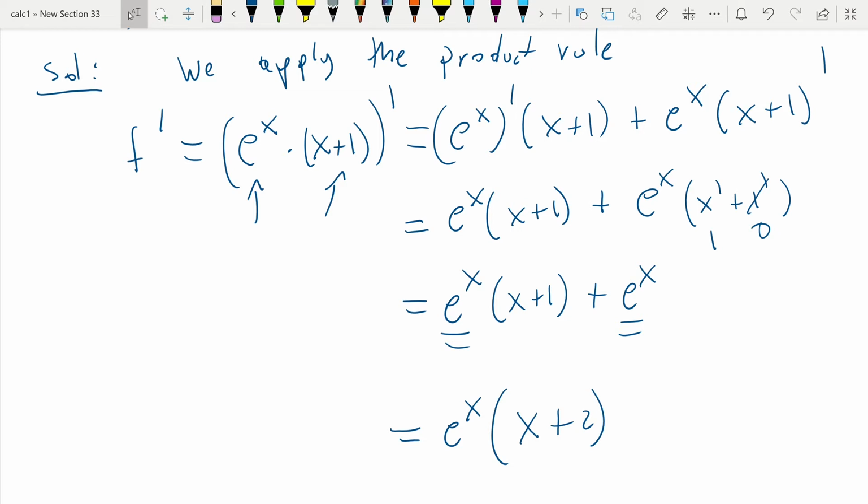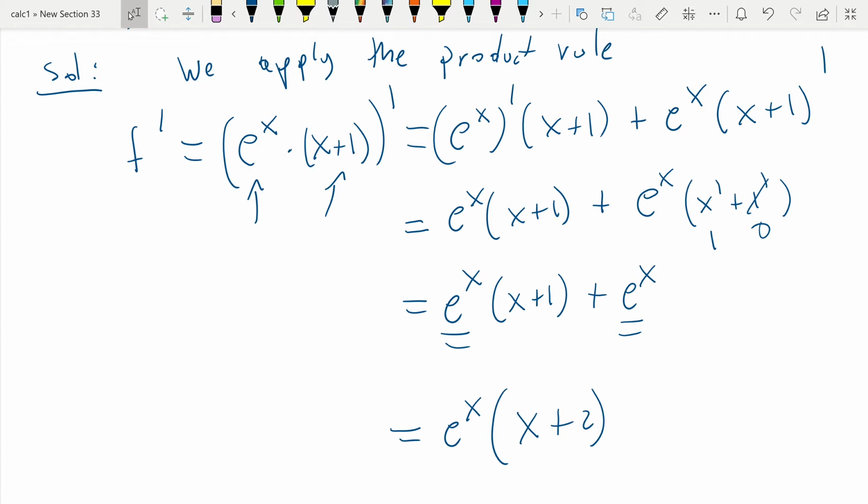In fact, I believe that this is going to be the case for the midterm exam. You'll be given a function like this, e to the x times something, and you'll be asked to find the equation of the tangent line. When you do so, of course, you need to know a, the point that will be given to you. You need to evaluate the function at the point a, but then you need to find the derivative at the point, and in order to find that derivative, you will need to use the product rule, and finally evaluate at the given point and plug that into your formula for the tangent line.